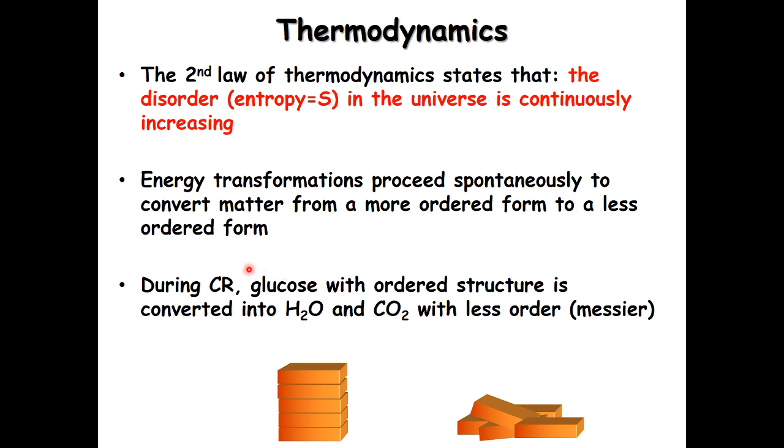Remember, glucose is solid, so they're less messy in a sense. But H2O and CO2 are mostly gas, so they can fly around and it's more messy. So what the second law of thermodynamics is trying to tell you is that reactions always go toward messy. So the messier, the better.